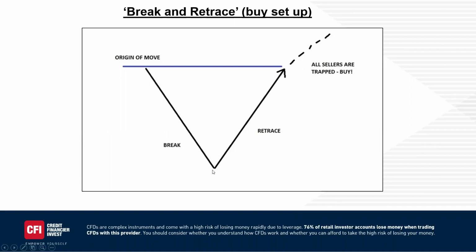What usually happens after a sharp break to the downside is the market will correct a little bit, go sideways to higher, and then further selling will come in and it will take the market lower. But what I'm looking for are the more rare situations where the market actually retraces all of the breakout move, so we find ourselves back towards that origin point.